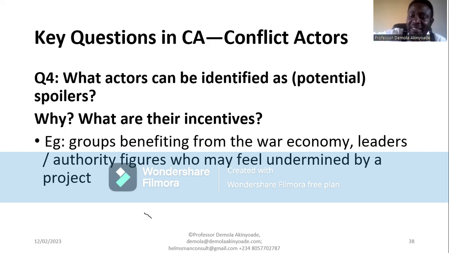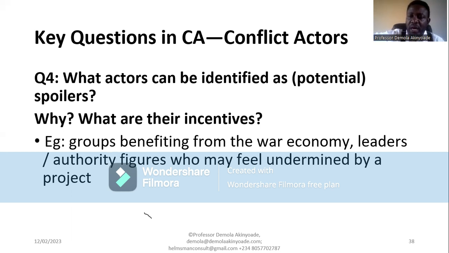To what extent can they halt this process? Do they have the power? If you find out that they have the capacity to stop what you are doing, once you have determined that capacity, you look for something or someone to either contain them or neutralize them.